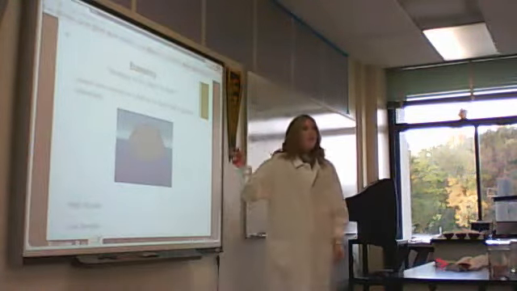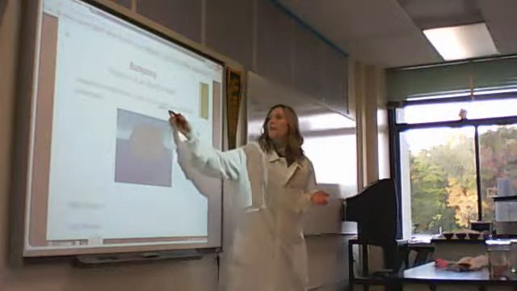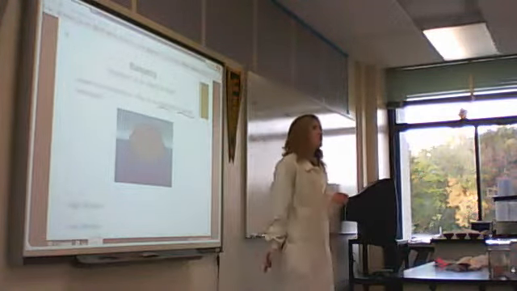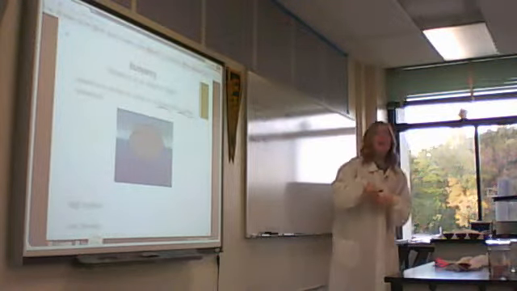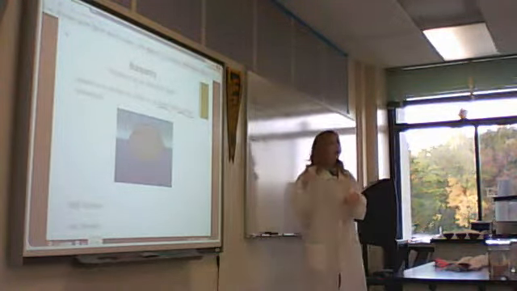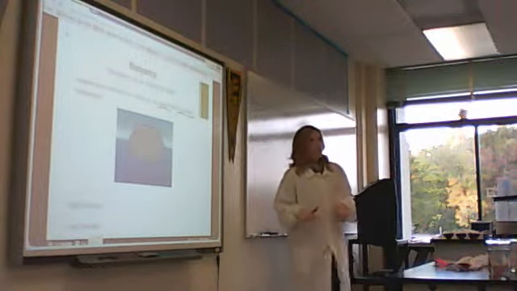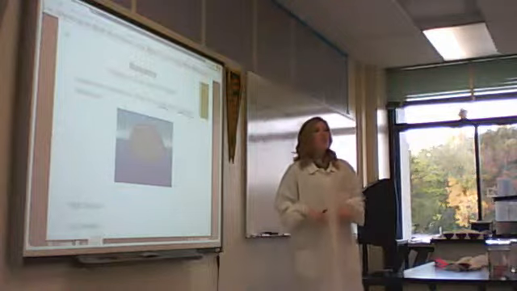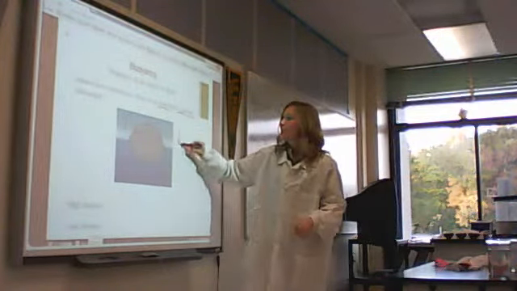So up here I have a picture of a boat. It's an object that is partially submerged. Does anybody know which direction the force of gravity acts on a boat? Does it push up or does it pull down? Pull down. So gravity is acting downward, right?